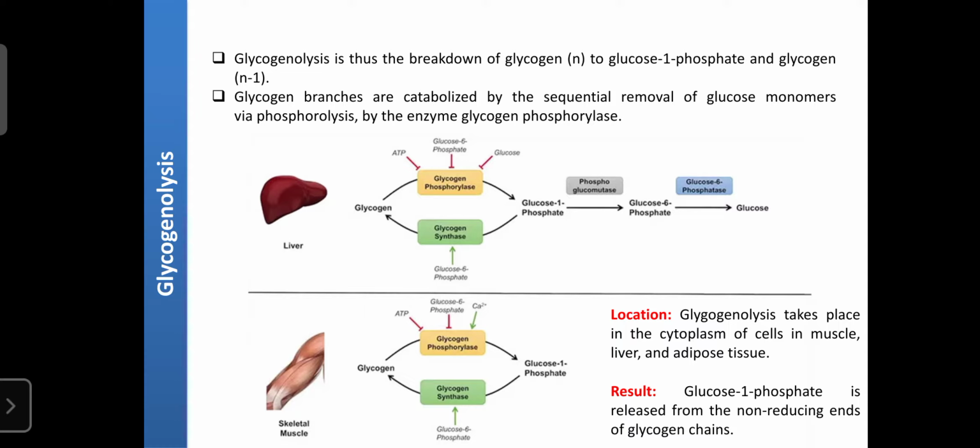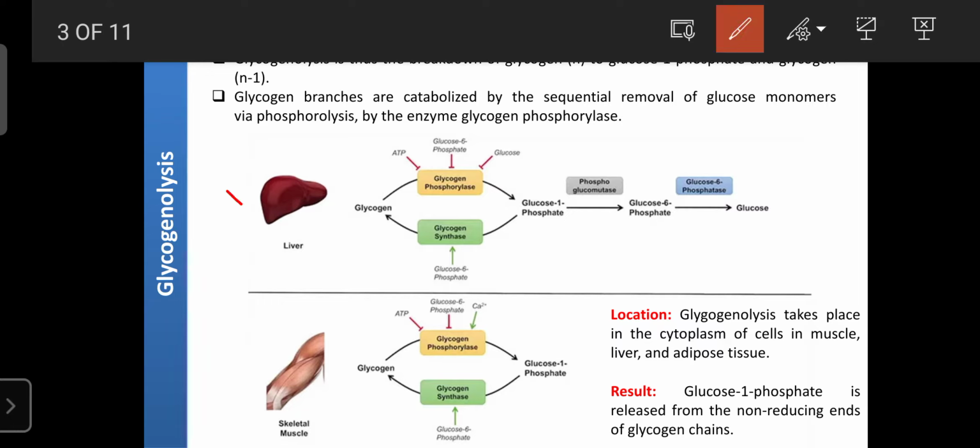Glycogenolysis can occur in the cytoplasm of cells in the liver, the adipose tissues, and the skeletal muscle, where excess glucose is stored as glycogen. During an emergency, starvation, or when the blood sugar level is less than normal, liver cells, skeletal muscle cells, and adipose tissues undergo glycogenolysis. So glycogenolysis mainly occurs in the cytoplasm of skeletal muscle, liver, and adipose tissue cells.